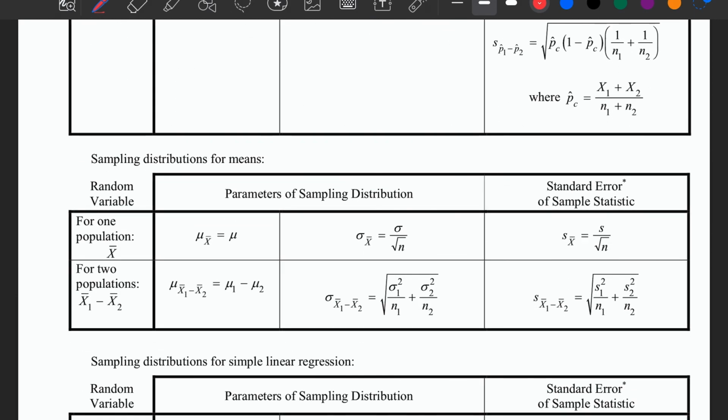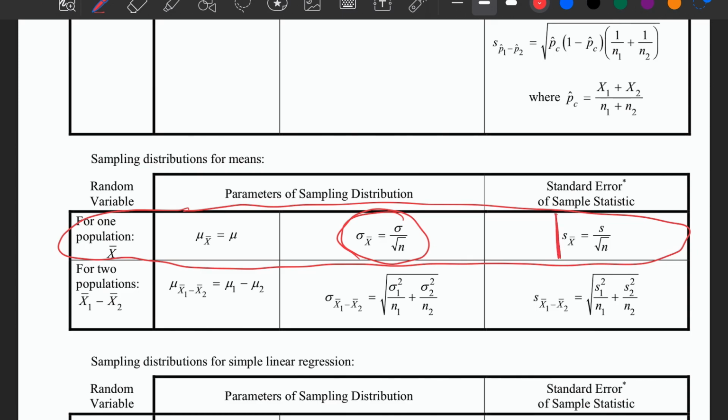And we can see right here, if we're dealing with one population, which we are, then we're centered at the mean of the population. If we know sigma, the population standard deviation, then we find our standard deviation for our sampling distribution with this one. But that's not where we are today. Today we are over here because we do not know our population standard deviation. So there's your formula.